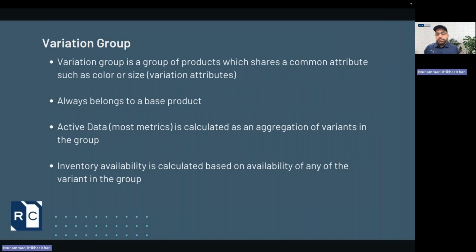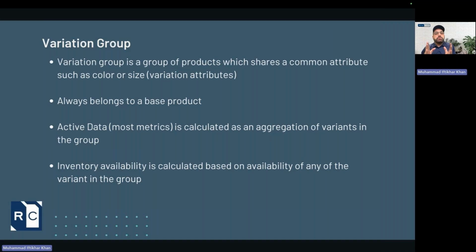Variation groups: you can create variation groups within the variations of your single base product. Let's suppose you have a base product and under this base product you have 100 variations, right? Within those 100 variations you can create groups.